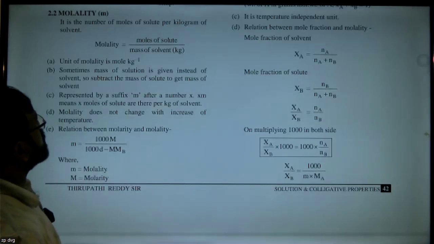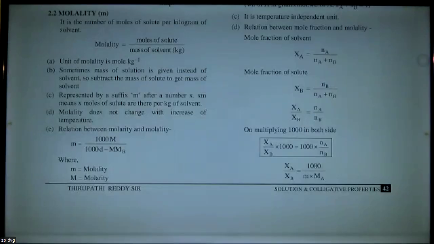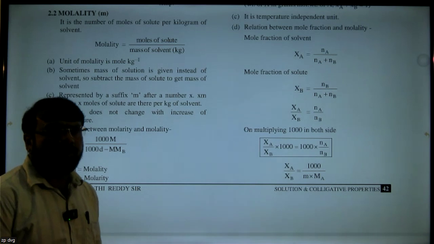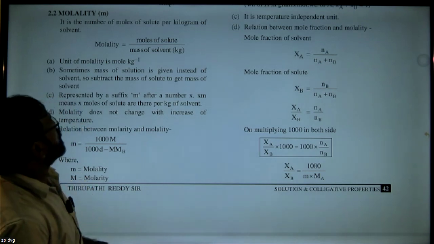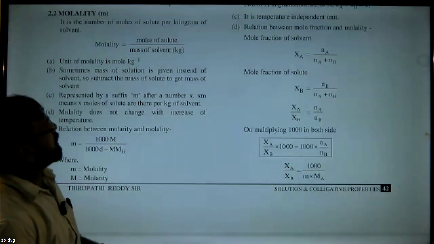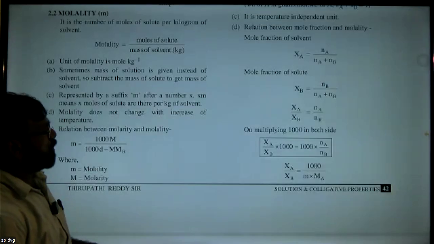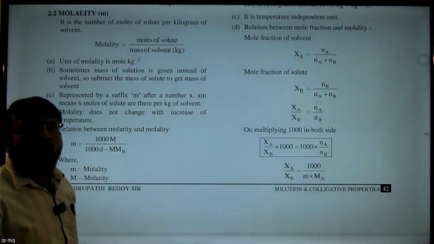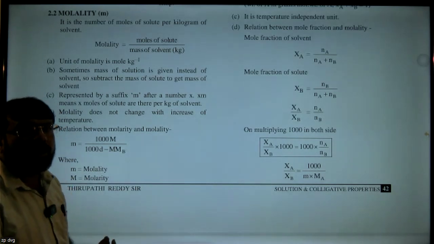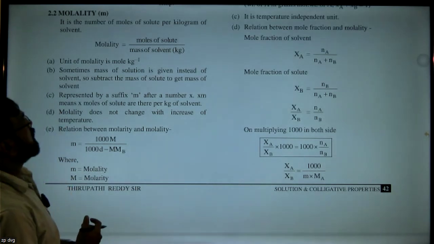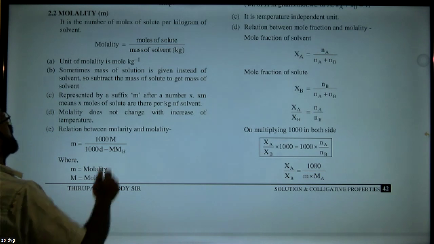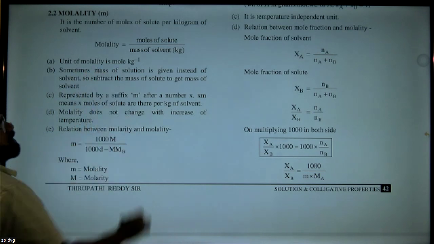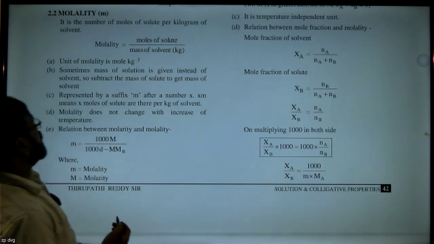The number of moles of solute per kilogram of solvent. What is the definition of the molality? The number of moles of solute present in 1 kilogram of the solvent. If you take 1 kilogram of solvent, how many moles of solute are present? That is called as molality. And what is the unit of the molality? Mole by kg is the unit of molality.